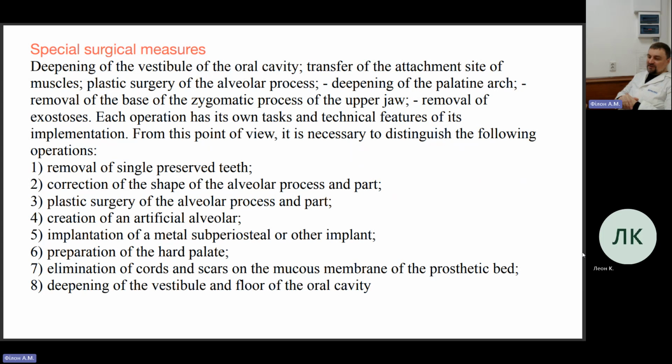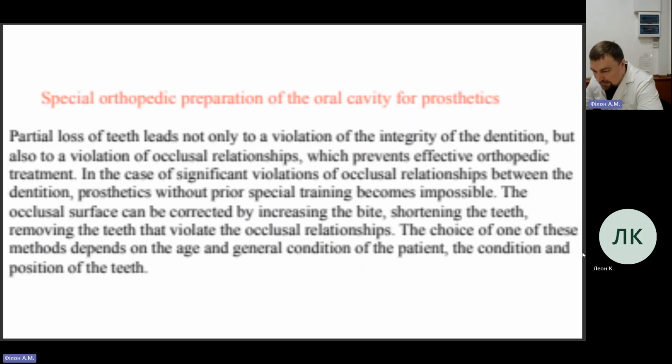What does it include? Removing excess soft tissue, correction of the shape of the alveolar process and palate, plastic surgery of the alveolar process and palate, creation and preparation of the bone. Okay, what else?